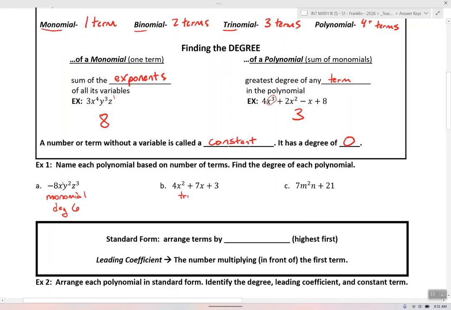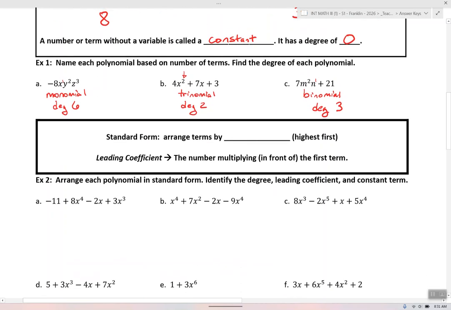It has 3 terms, 3 monomials separated by addition, and it has a degree of 2. That is the highest degree of any one term in the trinomial. And for example C, we have a binomial here, and this term here is 3, and this term here is 0, so the degree here would be 3.